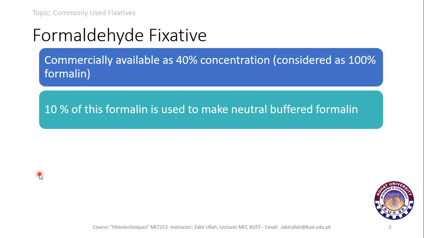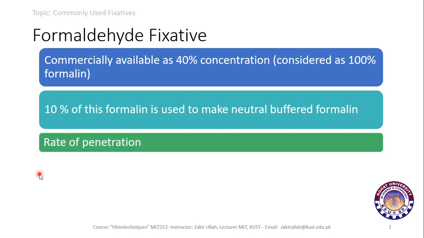This is used to make neutral buffered formalin, and the rate of penetration of formaldehyde or 10% formalin is approximately 1 millimeter per hour. So, within 1 hour this formalin can penetrate up to 1 millimeter within the tissue.